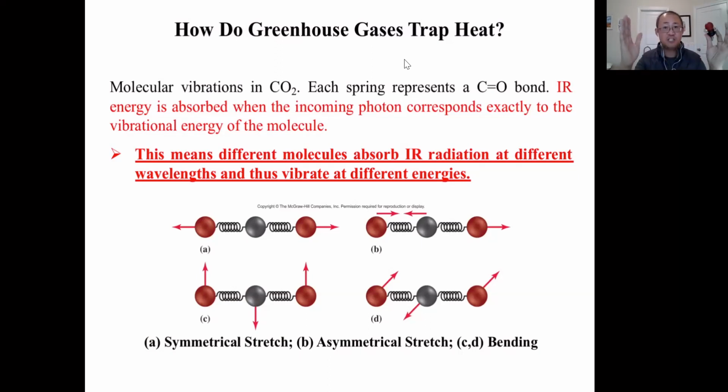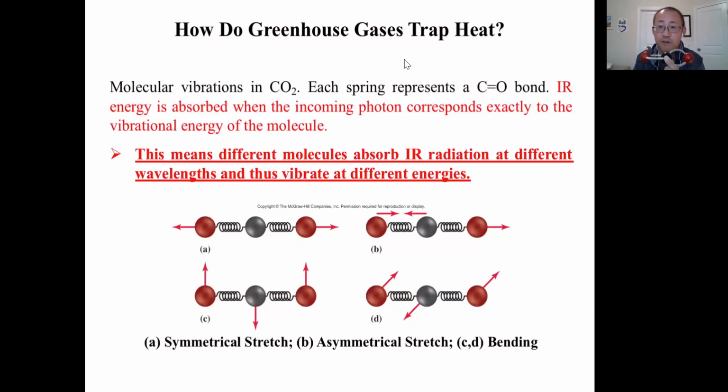We know IR is a spectrum, a range, right? But when a certain wavelength, or a certain frequency, of IR matches the vibrational energy of the molecule, then that particular IR will be absorbed by the bond to cause the molecule to vibrate.